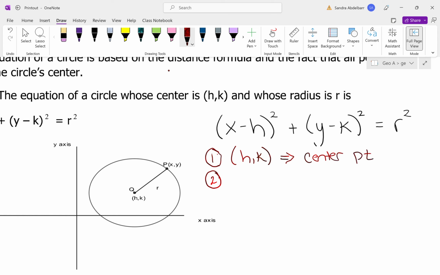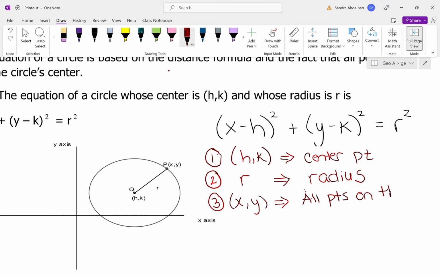What do you think r represents? Radius. Good, Simon, radius. And last but not least, x comma y represents all points on the rim of the circle.